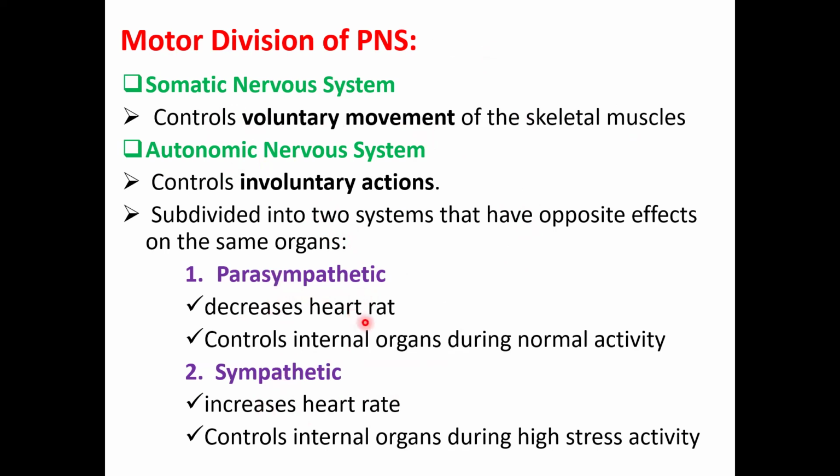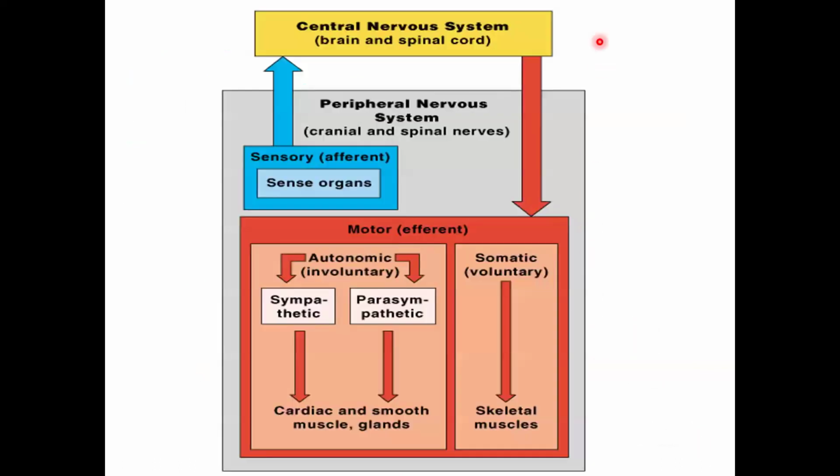Parasympathetic decreases the heart rate and controls the internal organs during normal activity or sleep. The sympathetic nervous system increases the heart rate and controls internal activity during high stress activity like fight, flight, running, and so on. So we have two subdivisions for the motor division of the peripheral nervous system, the somatic and autonomic. Okay.